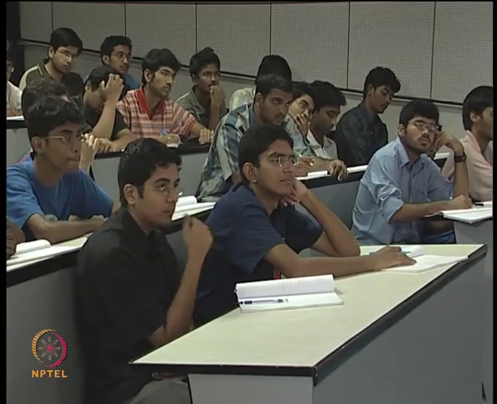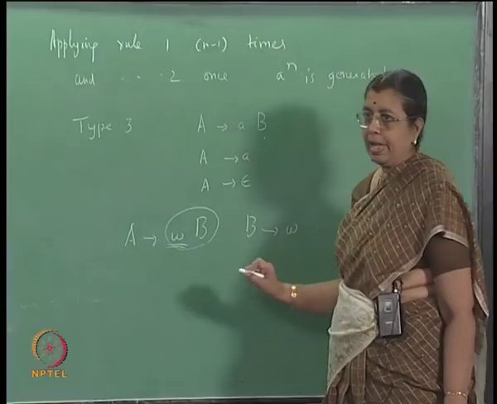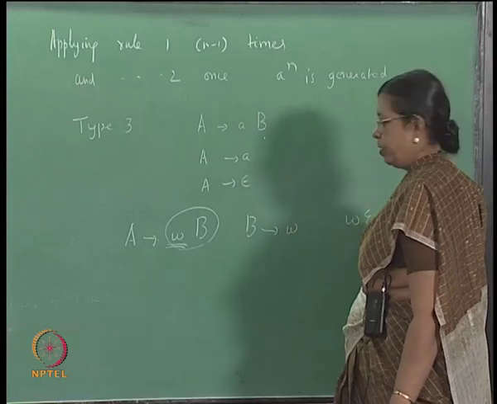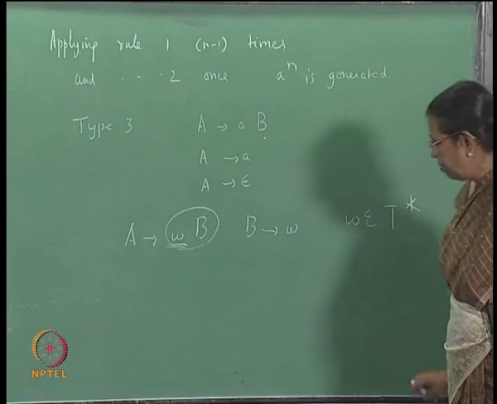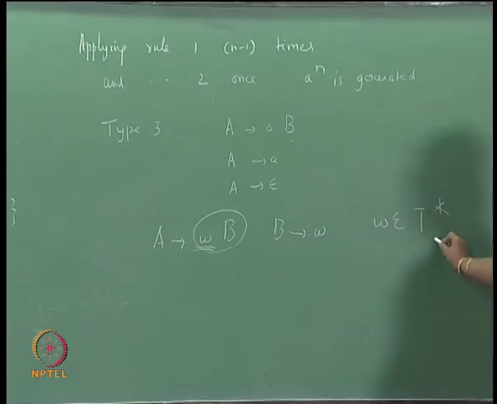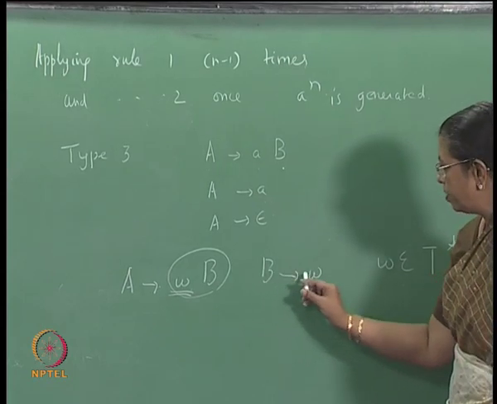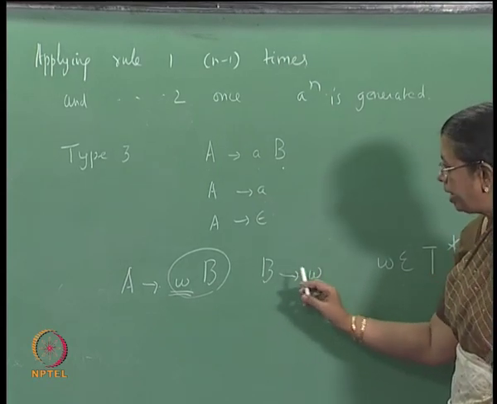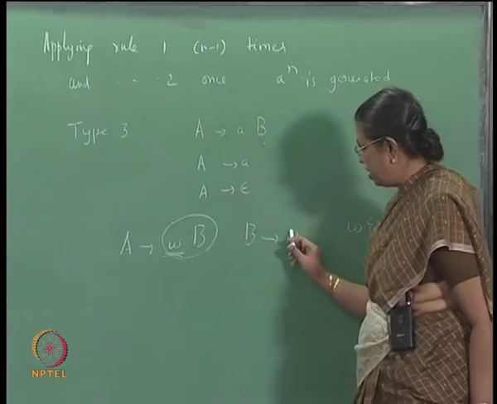Here w is a string, w belongs to T star, and B goes to w, that is, on the right hand side you can have a terminal string followed by a non-terminal or just a terminal string.